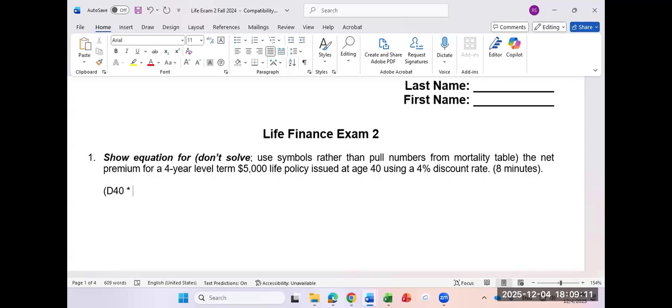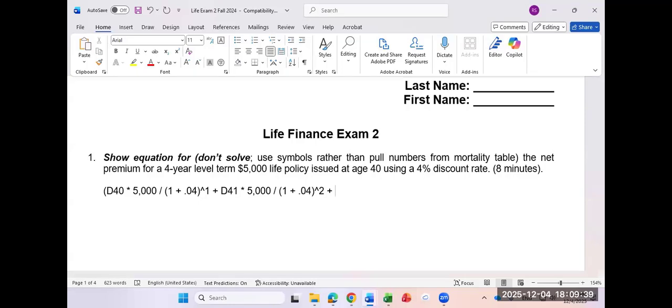How much is the face value here? 5,000. Divided by 1 plus the rate. What's the rate here? 4%. Raise it to the first. Then you go to D41 times 5,000 divided by 1 plus the rate, raised to the second.